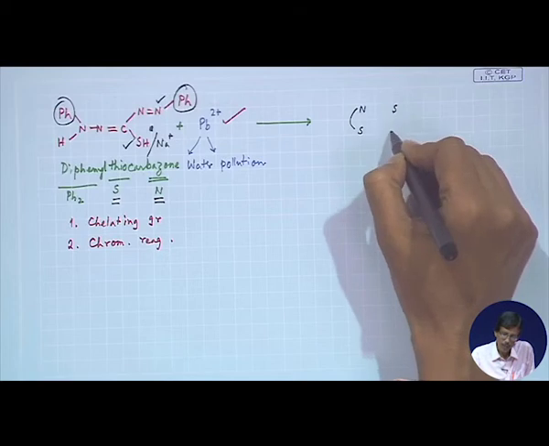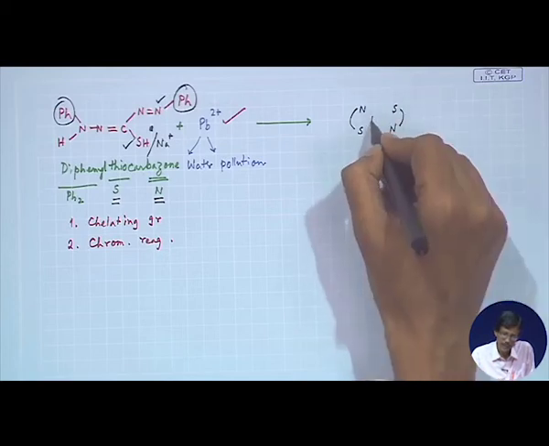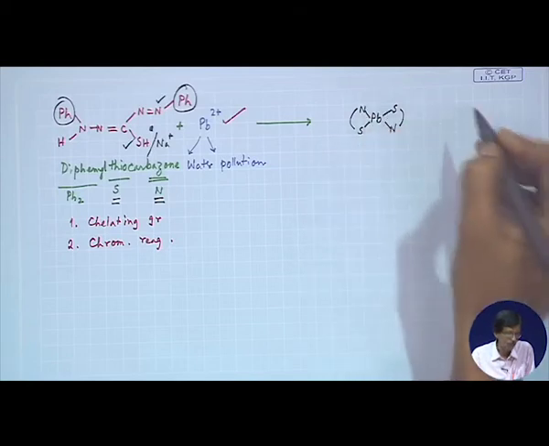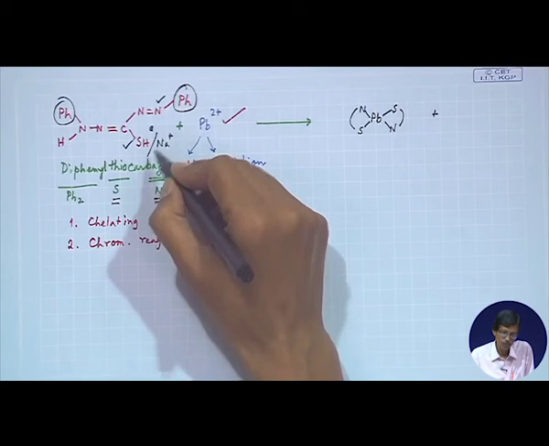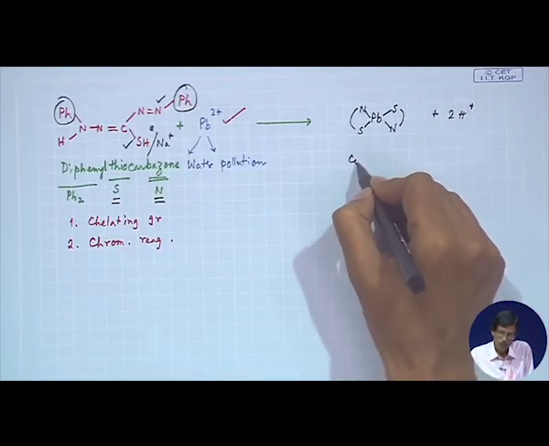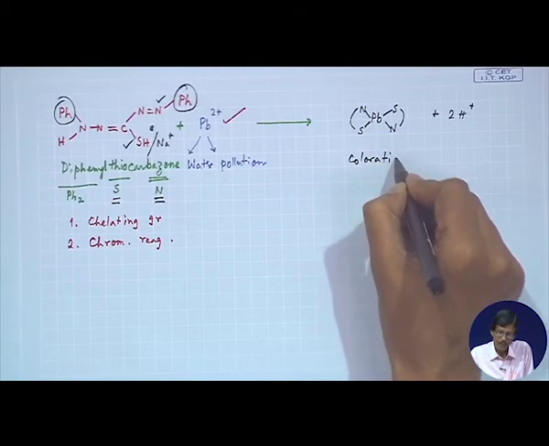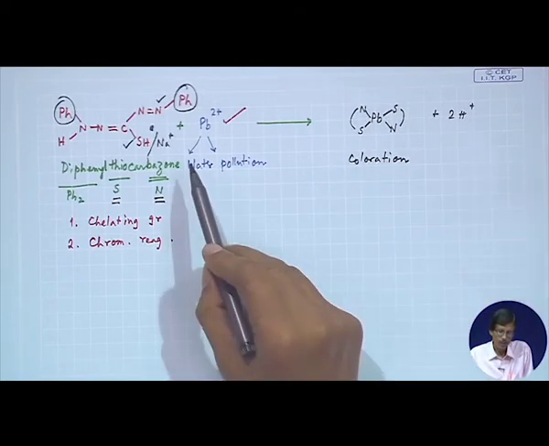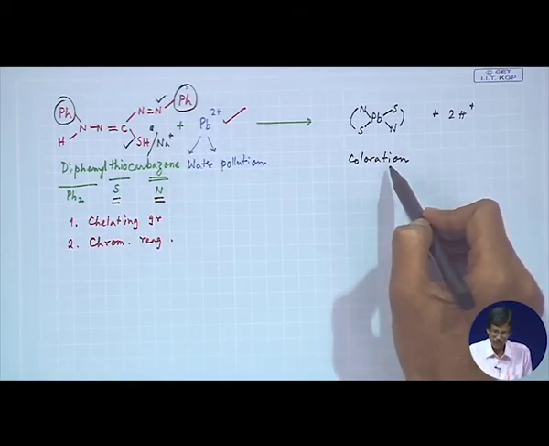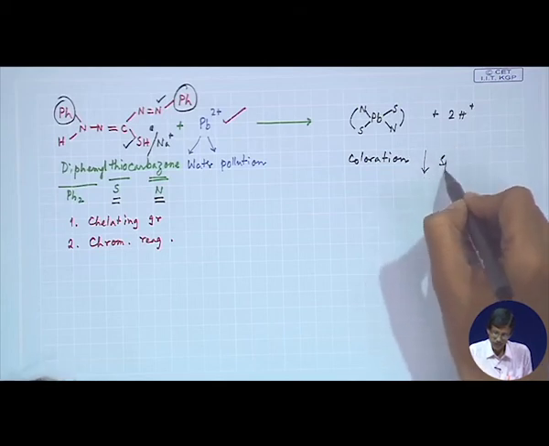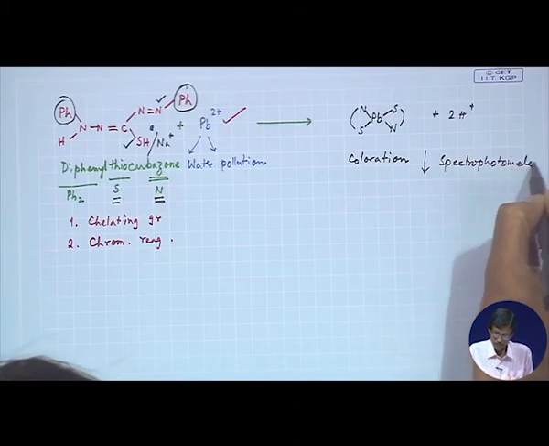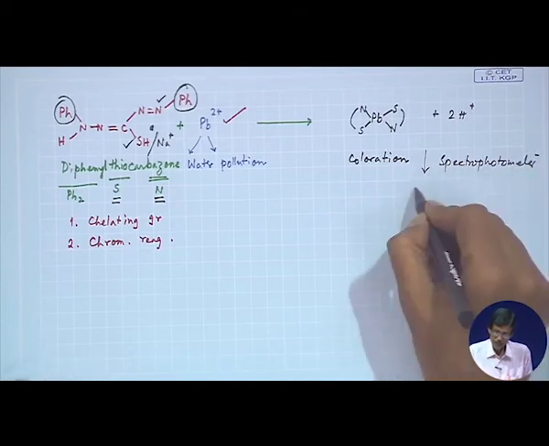Then another will be in the opposite direction, giving rise to Pb, forming a chelate like this, plus if these protons are available, you will get 2H plus. So, our basic idea is to develop some coloration by using the chromophoric reagent, and then we use the spectrophotometer to estimate the corresponding color intensity.